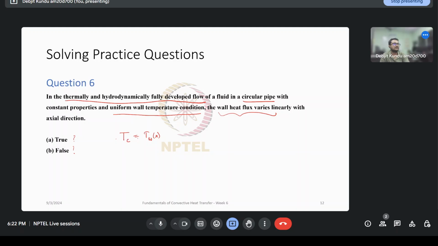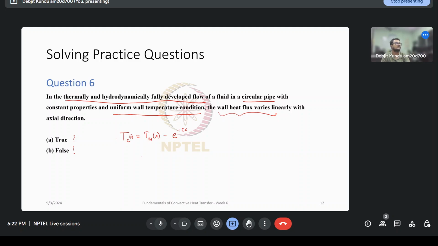And I'm writing down the center line temperature, Tc. So we saw that Tc is a function of x, which is equal to T wall, minus some exponential to the power some constant into x. Right. So this constant I don't remember right now. You can go and look up in the lectures, but this is the functional form of the temperature profile.